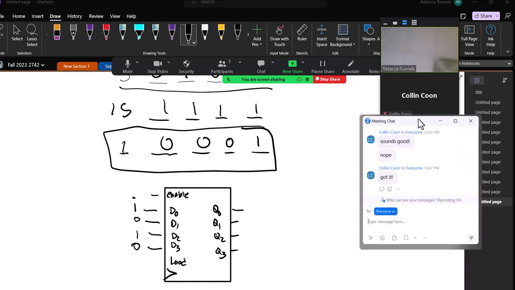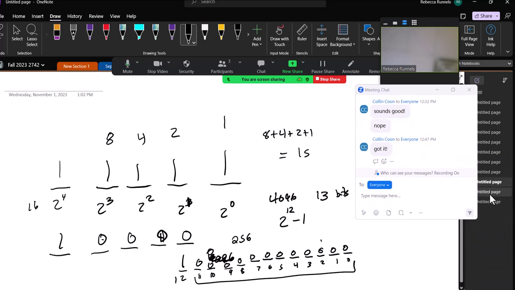Well, I'm going to go back to that page that I made where I have all the binary numbers listed.